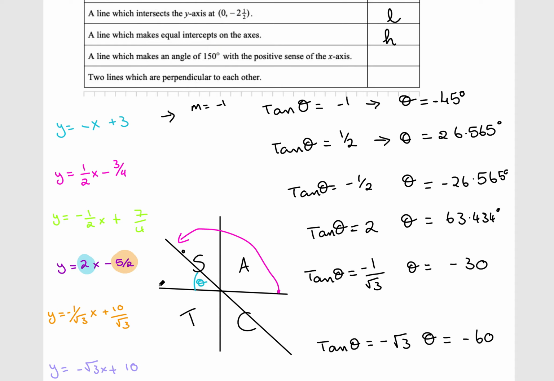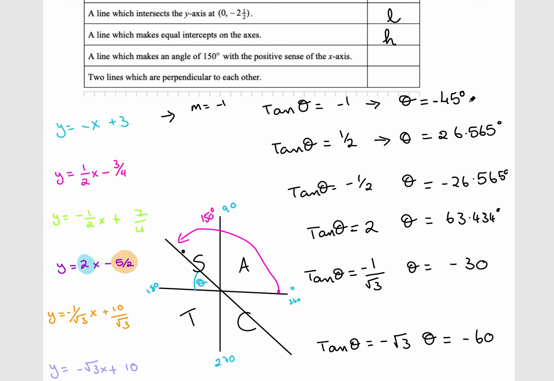Now, what I know is that that's 90, that's 180, this here is 270, and this goes back to 360, and it's also 0. So whatever this angle is here, it has to be enough to have 180 take away that angle, and I'm going to have 150, because that's what we're aiming at here, that it makes an angle of 150 degrees, that angle there.